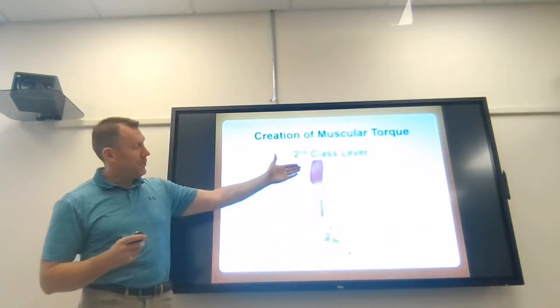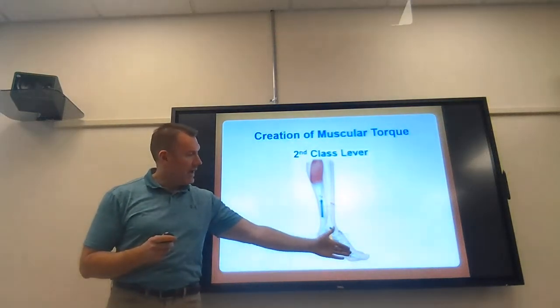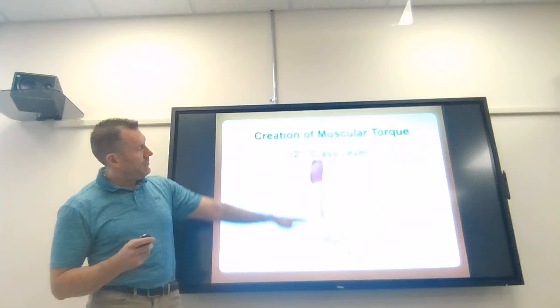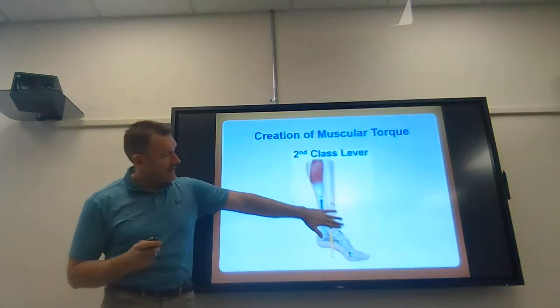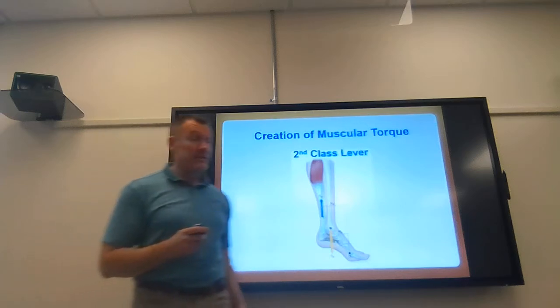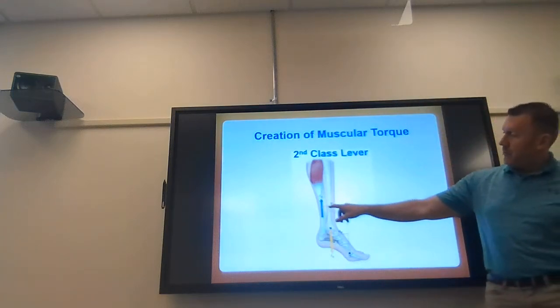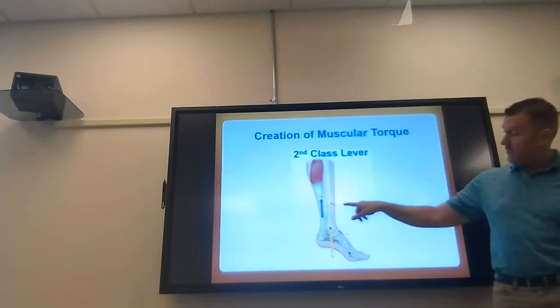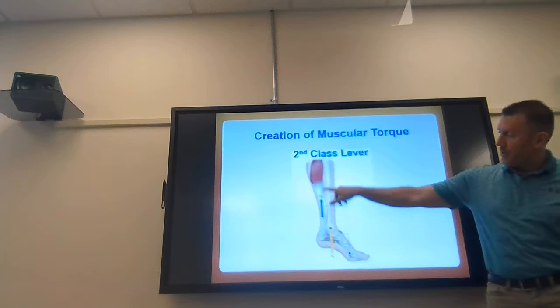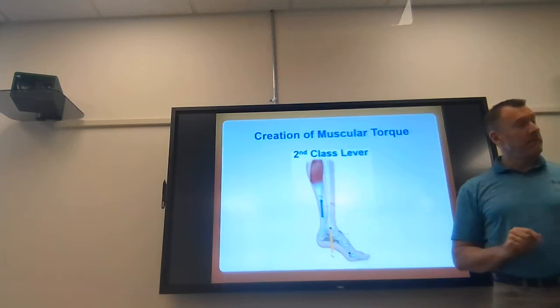So force, resistance, axis. Force, resistance, and axis. And so in this case, if you look at the moment arms, you have the moment arm of the muscle, so the distance between where the muscle's producing force and this axis.